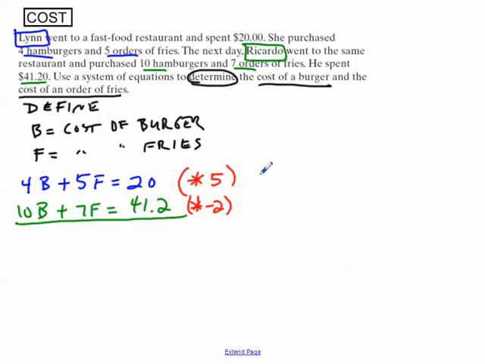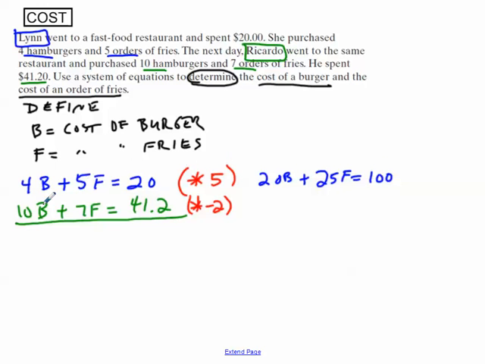4b times 5 gives me 20b, plus 5f times 5 gives me 25f, equals 20 times 5, which is 100. That looks pretty good.